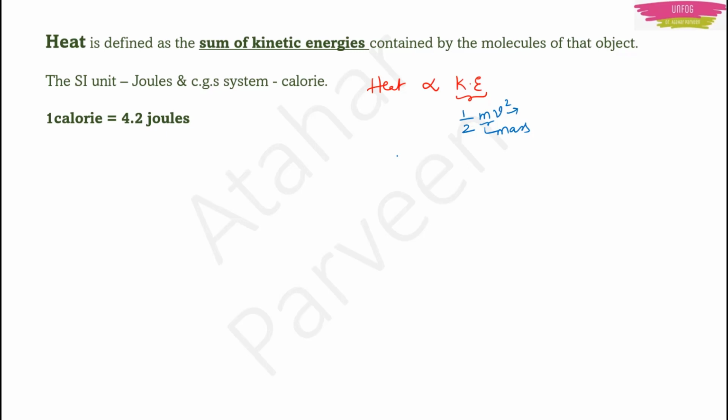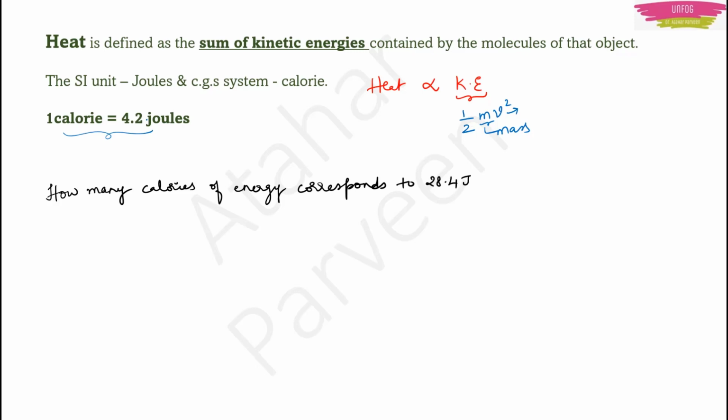For example, if you have this question, how many calories of energy corresponds to 28.4 joules? Here they are asking you for energy in calories. They have given you energy in joules. So what do you do? First you know that 1 calorie is equal to 4.2 joules, isn't it? Now you can cross multiply it.